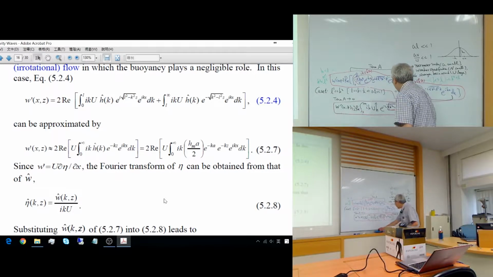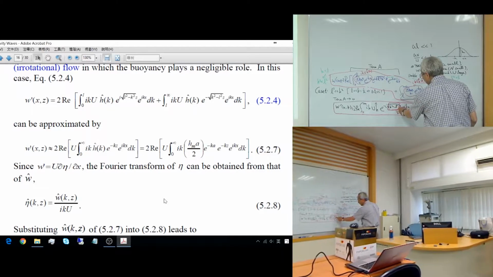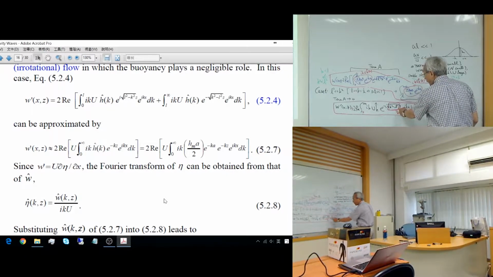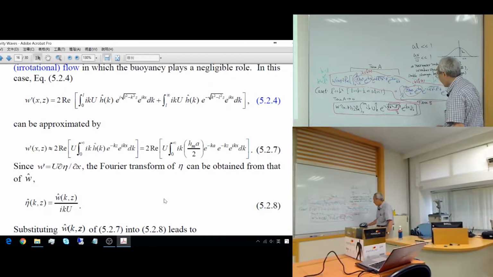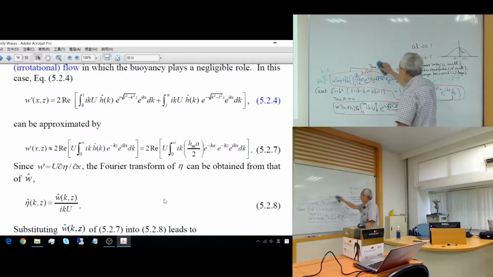So then our solution becomes minus i times kz here. I guess you're probably done with this, right? Oh, I can write it here.